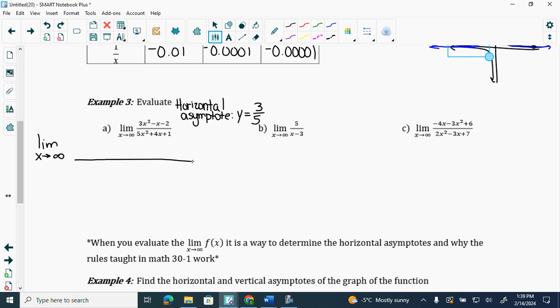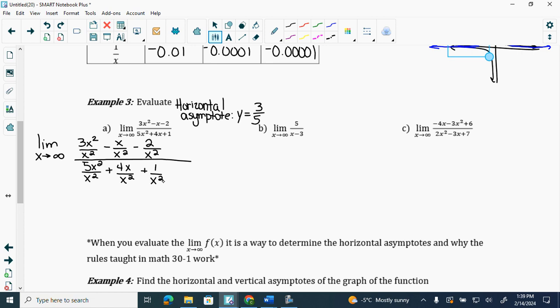So I'm going to get 3x squared over x squared minus x over x squared minus 2 over x squared. Then I get 5x squared over x squared plus 4x over x squared plus 1 over x squared.